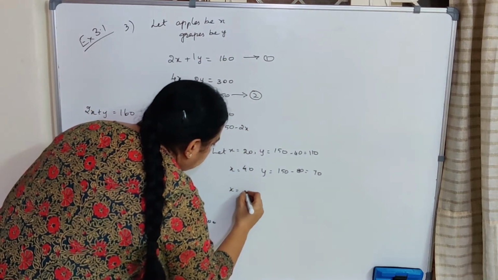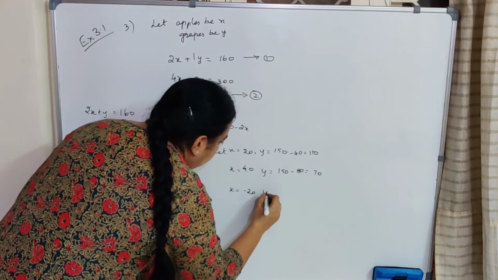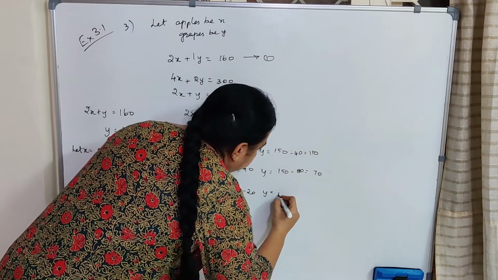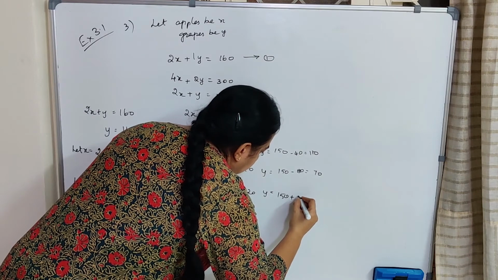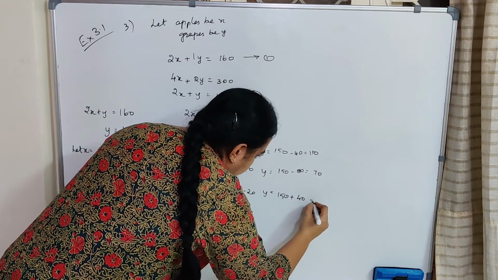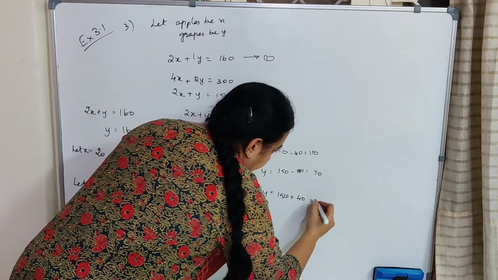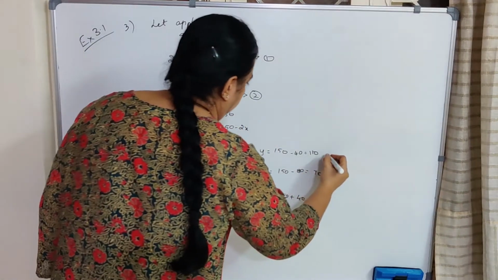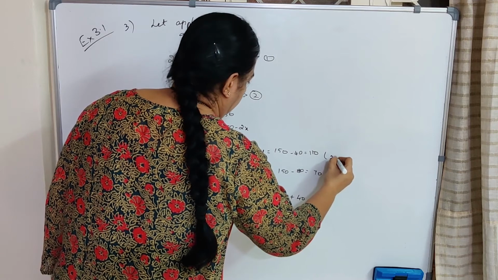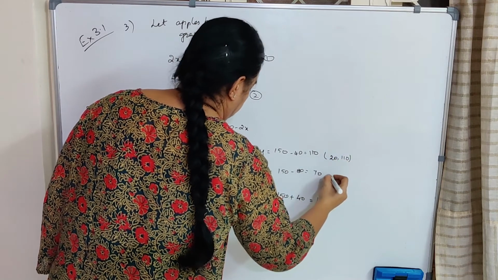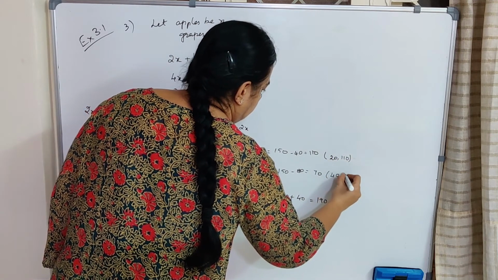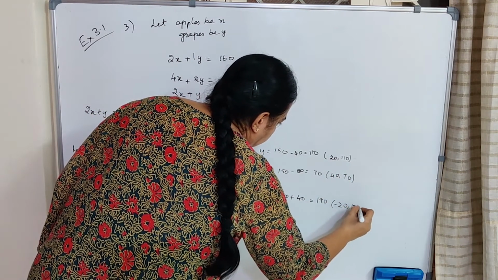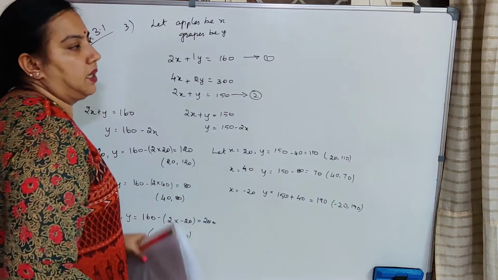And x equal to minus 20, y is equal to 150 plus 40, and that is 190. So the different points will be 20 comma 110, 40 comma 70 and minus 20 comma 190. Okay, we have 3 points again here.